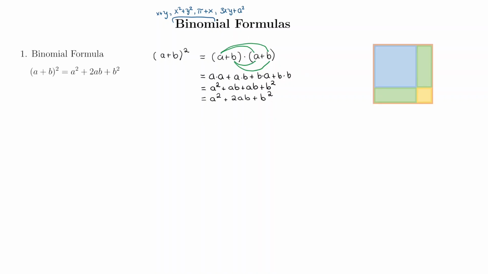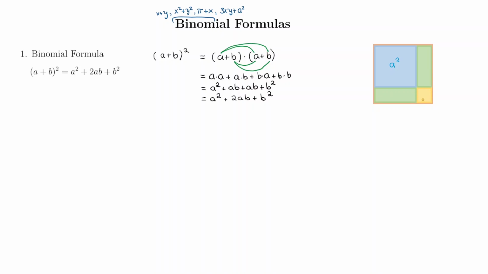Okay, so next let's look at this graphic here. Let's say that this line here has the length a. So the blue square would have the area a squared. And let's say this length is b.